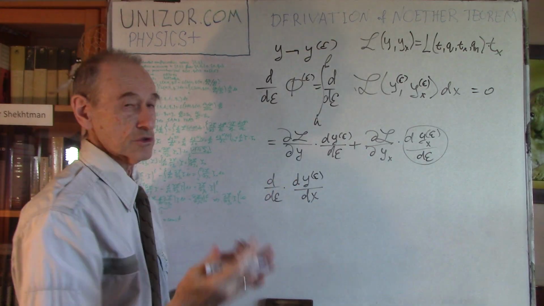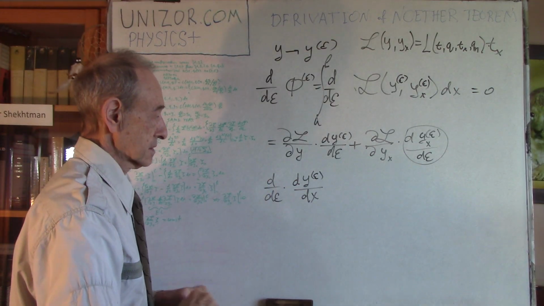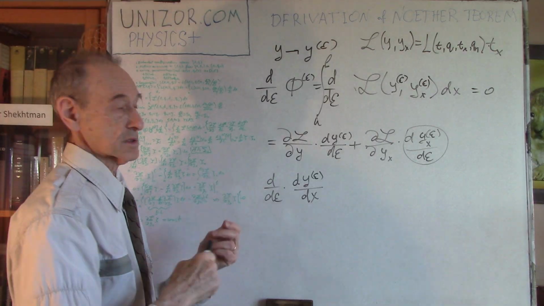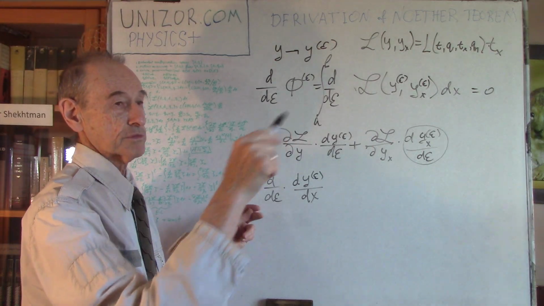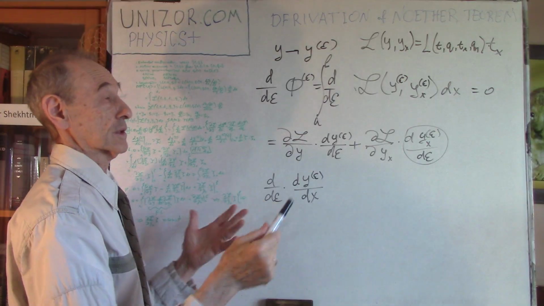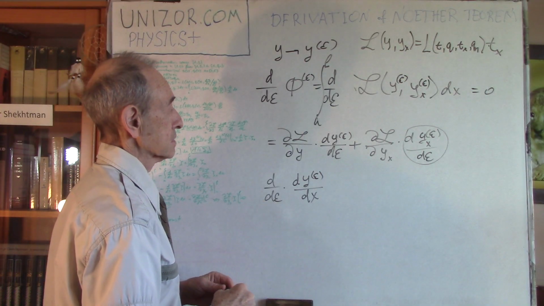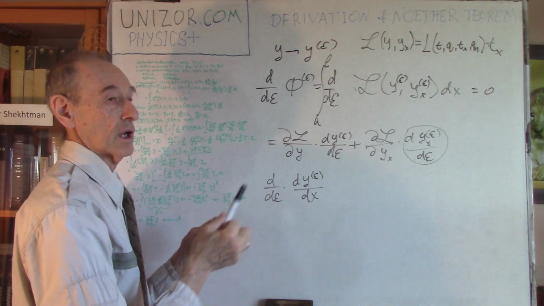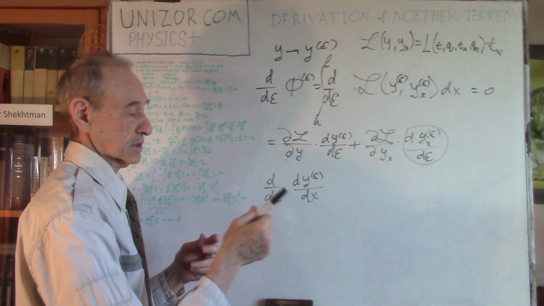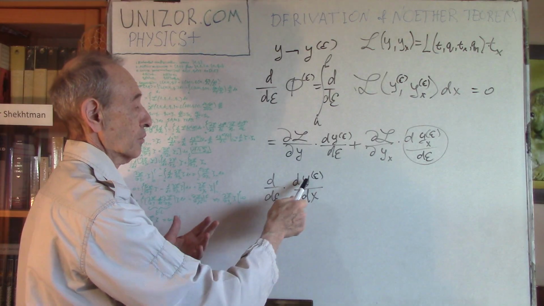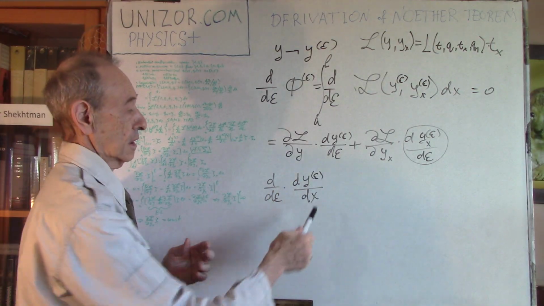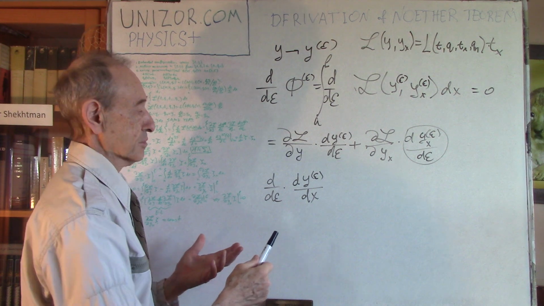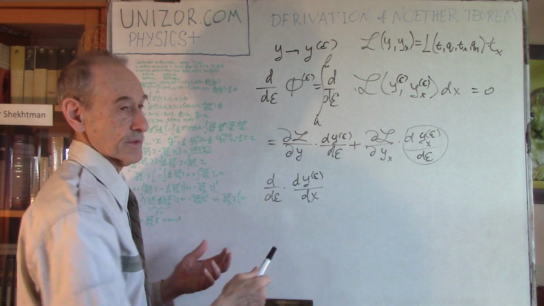So y depends on two parameters. x geometrically, because x is a parameter on this curve in the n+1 dimensional extended configuration space, and epsilon is a parameter of the transformation. So y is a function of two parameters, x and epsilon, and we're differentiating by them.